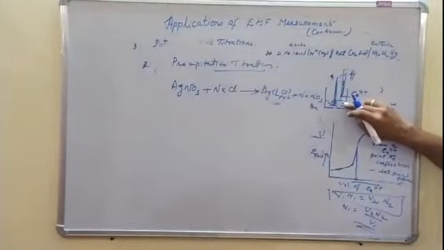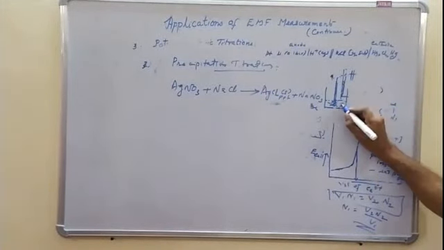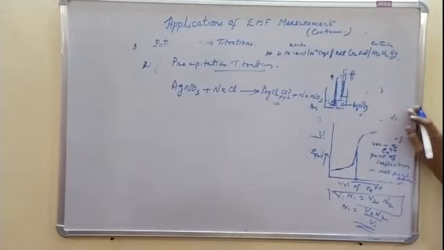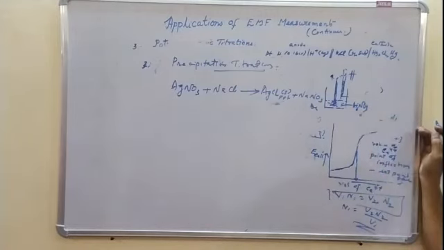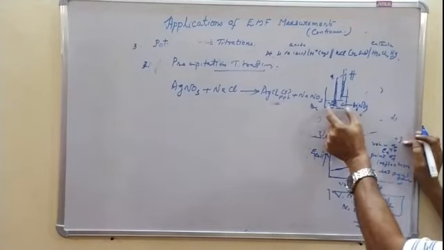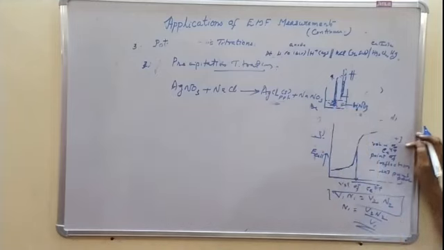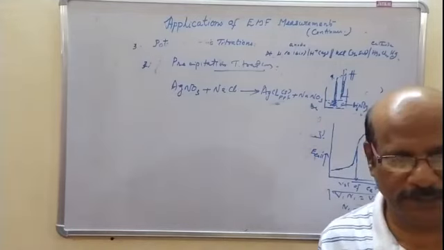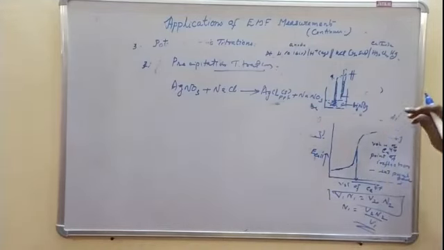Here, AgNO3 is taken in the cell or the beaker, a definite volume of particular concentration, and a silver electrode is dipped into it.